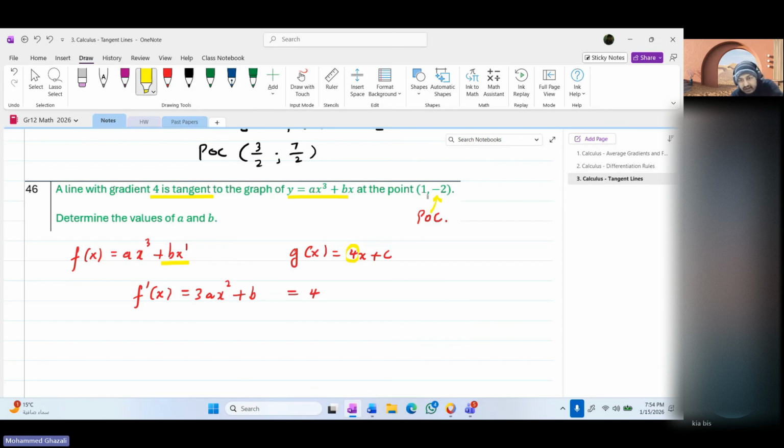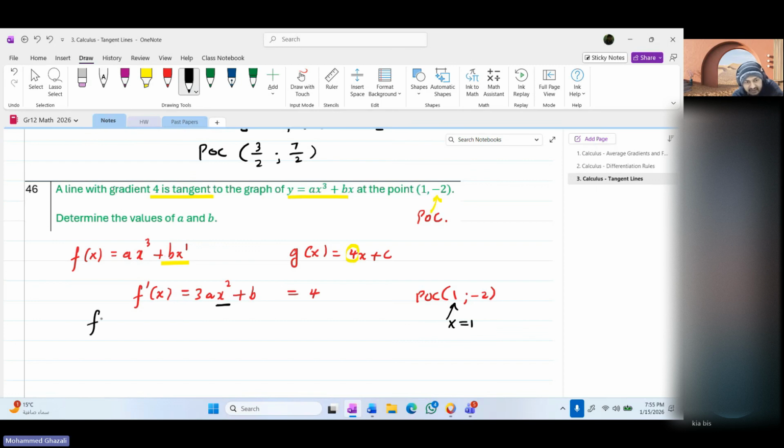We know the point of contact already. The point of contact, POC, is already 1 and -2. We're not finding the point of contact. Because the point of contact is 1 and -2, we know that the x value is 1. So we can replace this x value with 1.